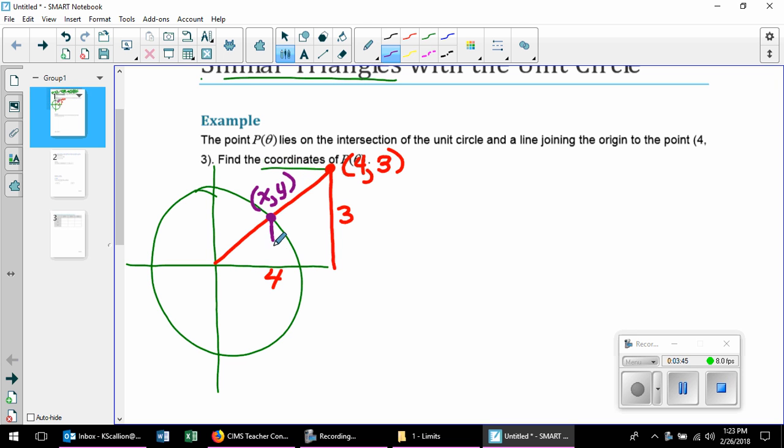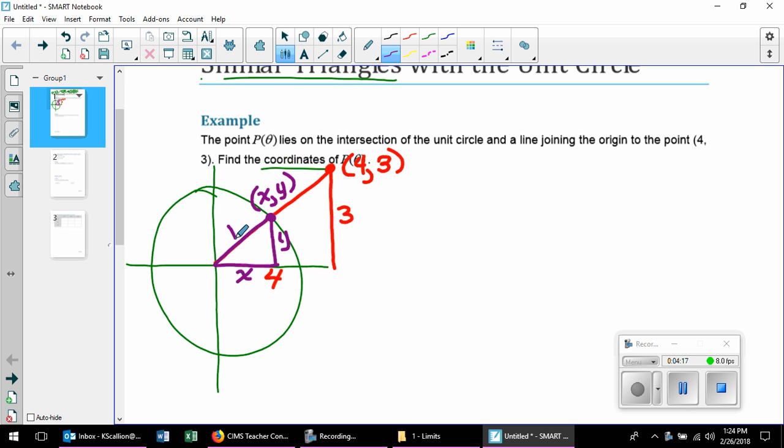So this purple triangle here has a height of what? Do we know? We don't know what it is. So we would say it's a height of y. And what's the base of this purple triangle? x. What's one thing we do know about this triangle? What do we know the hypotenuse measurement is? 1.